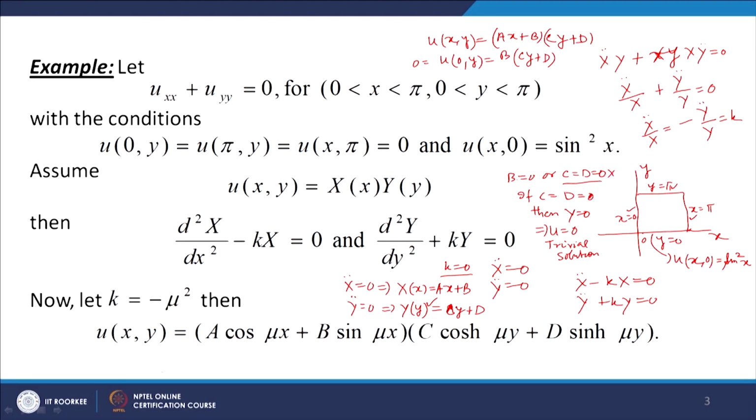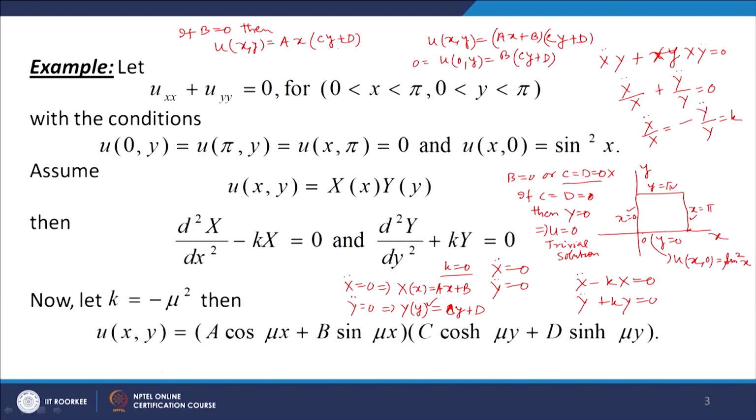Let us take b equal to 0. If b is equal to 0, then u(x,y) is equal to a times x into (cy plus d).